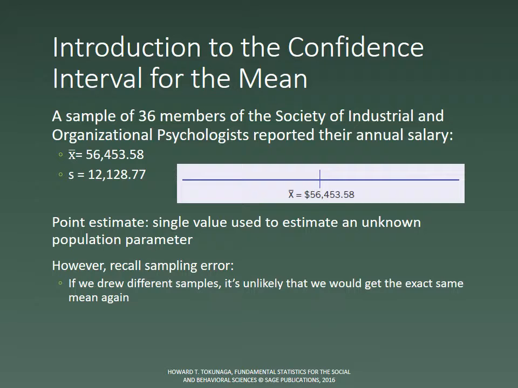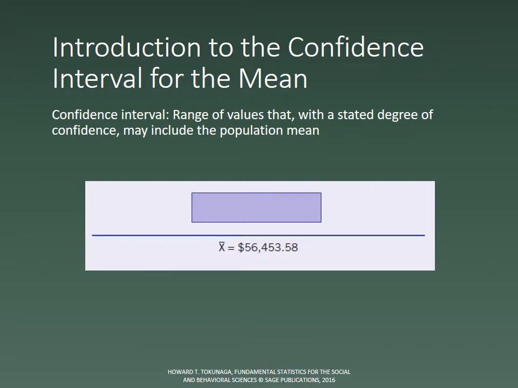If we remember sampling error, if we drew a different sample from that society, it's unlikely we would get that exact same mean again. That's where the confidence interval comes into play. The confidence interval is a range of values that, when stated with a degree of confidence, may include the population mean.